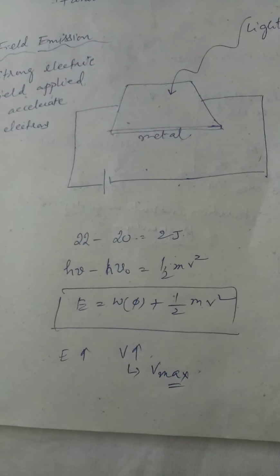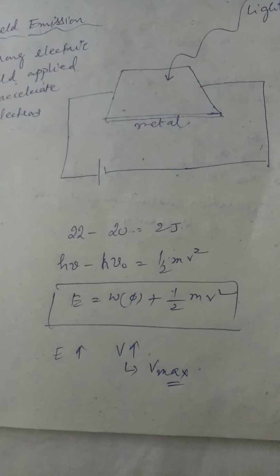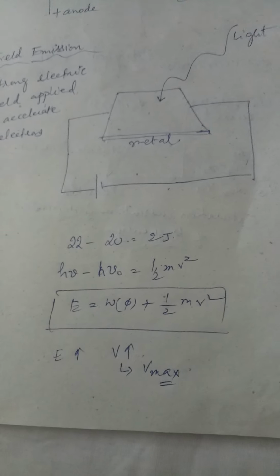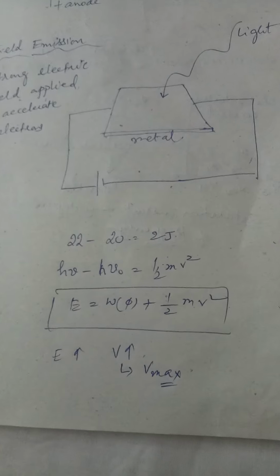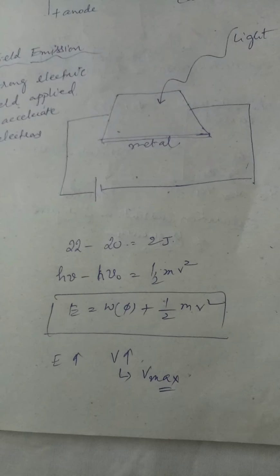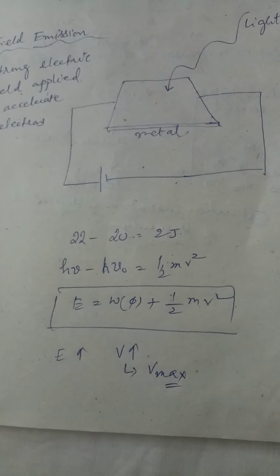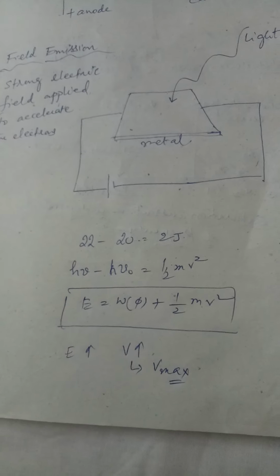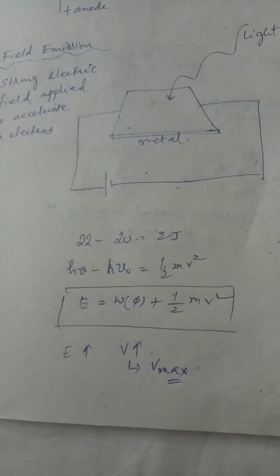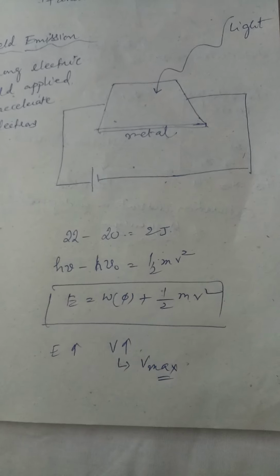That is the kinetic energy. So our expression is E = W₀ + ½mv². This is Einstein's equation: E = W₀ + ½mv².